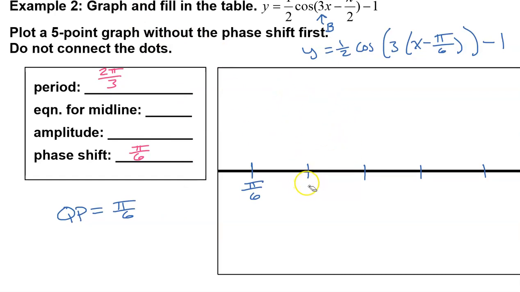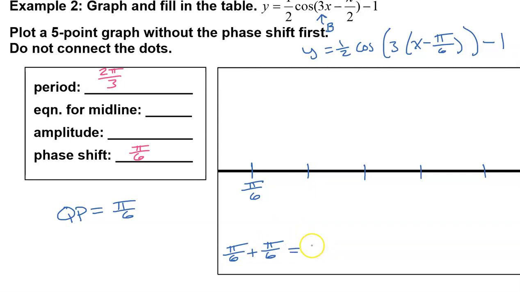So it's time for me to find the values of these other positions. I started with the phase shift of pi over 6. If I add the quarter period to that, it should give me the next position, which is 1 quarter period over. So I'm going to add pi over 6.